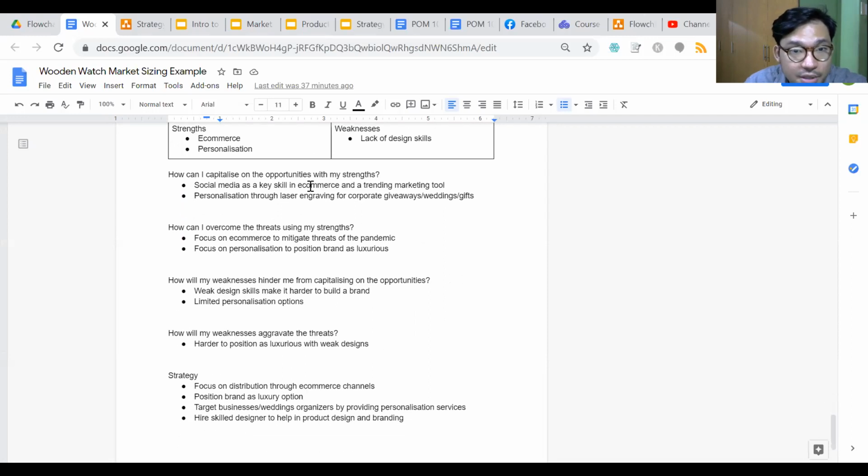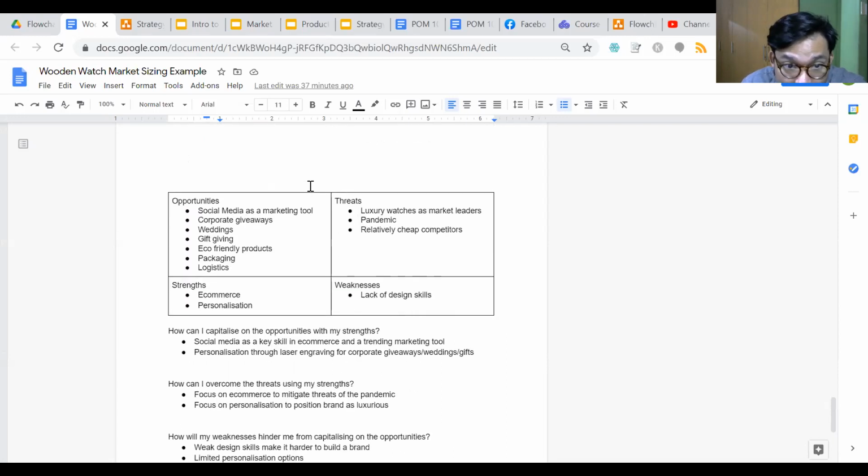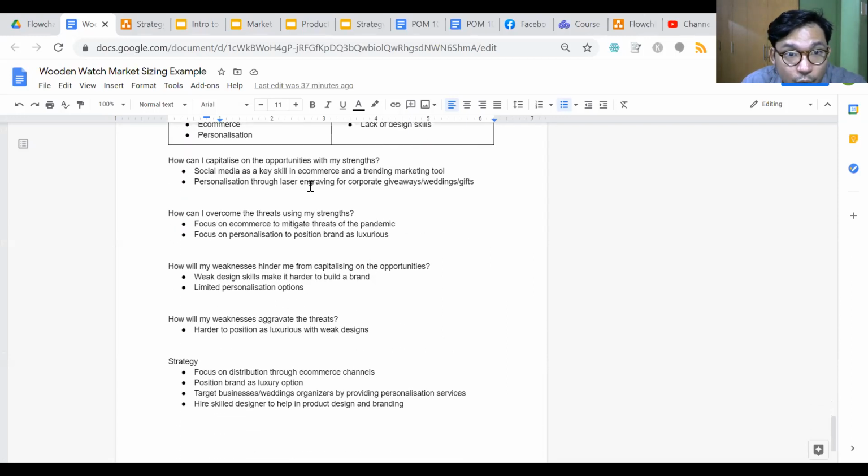Next, how can I overcome the threats using my strengths? One of the threats that I put here is the pandemic. So focus on e-commerce to mitigate the threats of the pandemic. This means that because of lockdowns and people being afraid to go out, it might not be advisable to sell the product in brick and mortar stores. Next is focus on personalization to position the brand as luxurious.